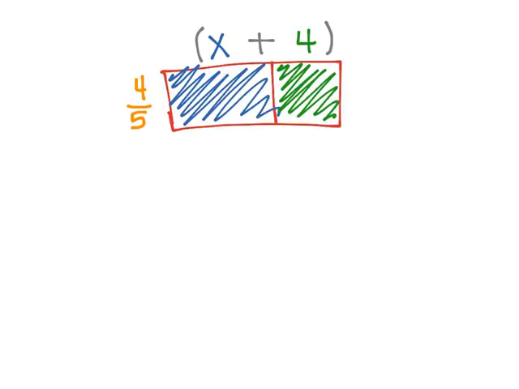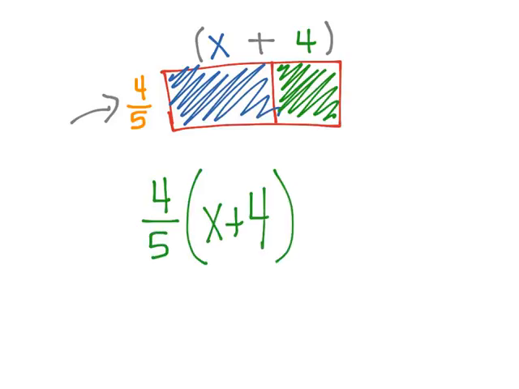Our width is still located here on the shortest side. In this case, this visual representation shows the expression 4/5 of x plus 4. So from this way we can find the equations or expressions from the picture.